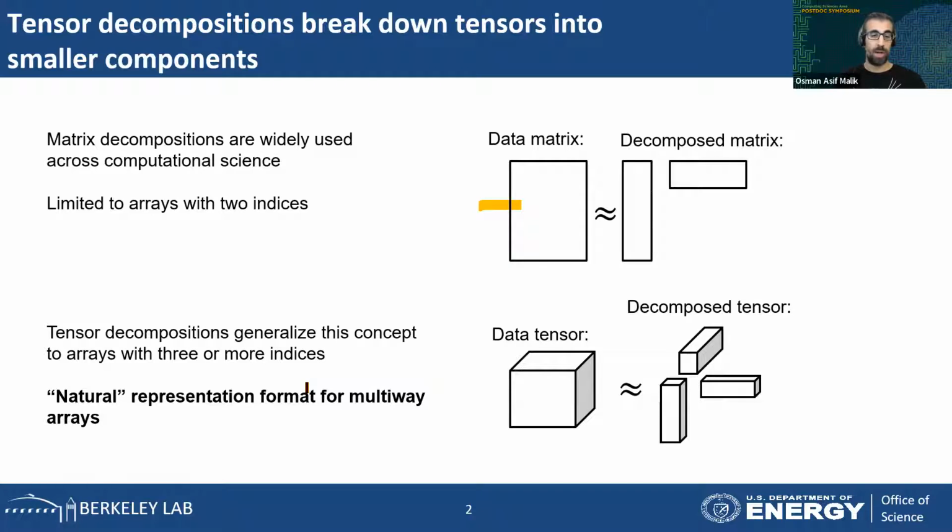And one reason why you might want to use the tensor decomposition rather than matricizing your data and then applying a matrix decomposition is that a tensor format is more natural for representing a lot of data. And once you have these smaller tensors that you've decomposed your original tensor into, depending on which decomposition you use, there are simple formulas to turn them back into a tensor of the original size.